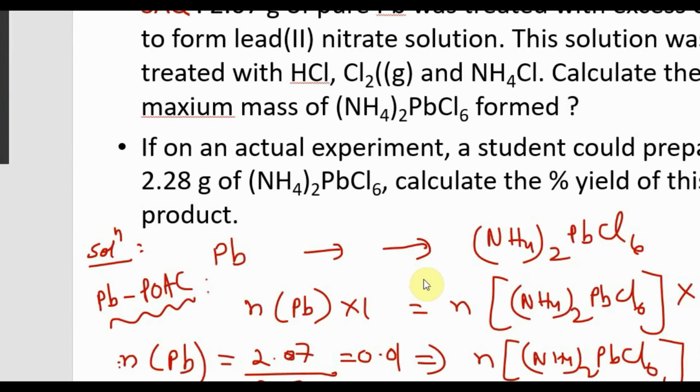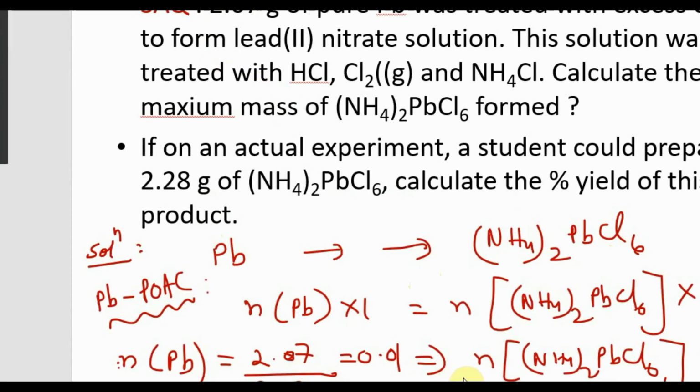Now see, I have done it. Lead is finally converted to this compound, a complex compound. So we correlate between the starting material and the product. The number of moles is given: 2.07 grams with atomic mass 207, it is 0.01. And the number of moles of lead into 1 equals the number of moles of this huge compound also into 1, because there is 1 lead.